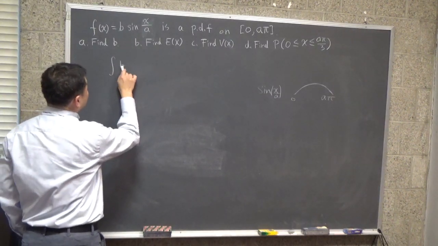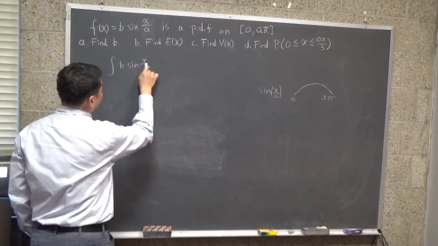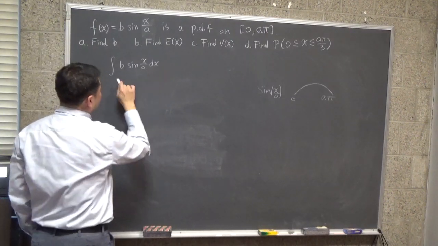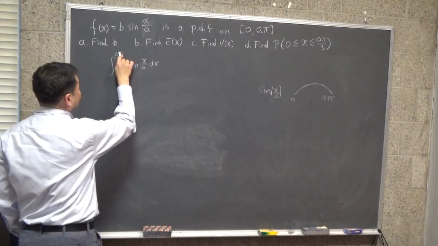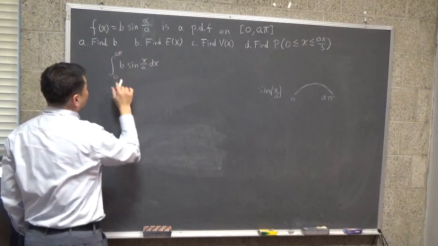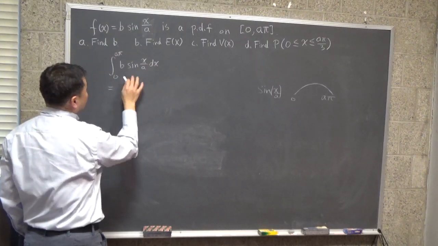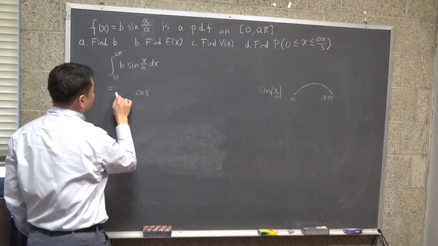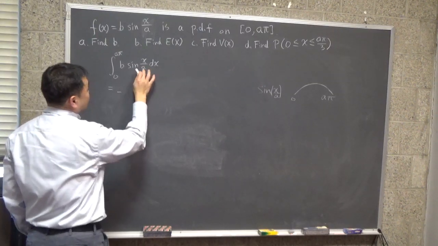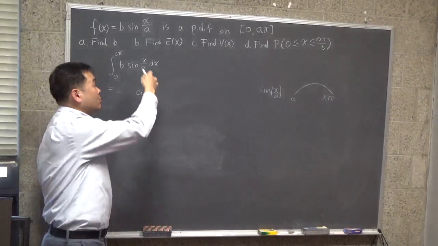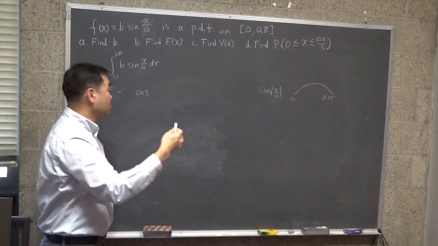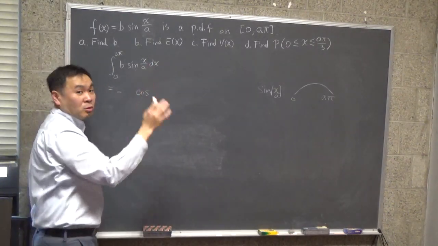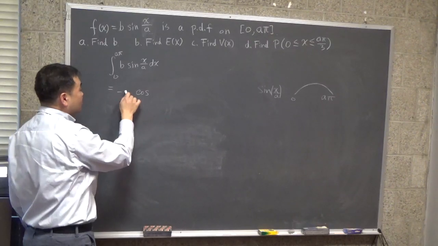Integral of b sine x over a dx from 0 to 8 pi. And sine integrates to cosine with a minus. And then anytime you have a coefficient like this, the reciprocal comes in front. So 1 over a is just a.